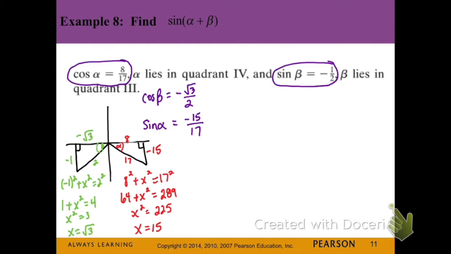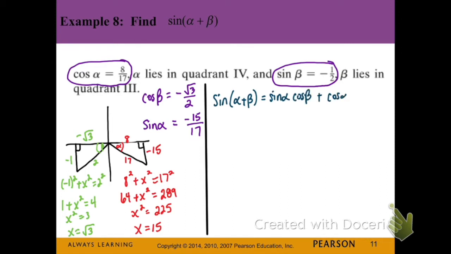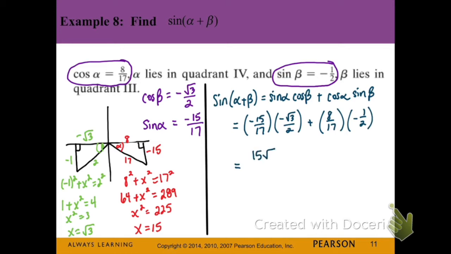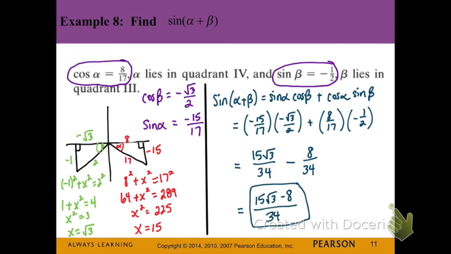Now that I have those 4 values for those trig functions, I can find sine of alpha plus beta. And that's going to be my final answer.